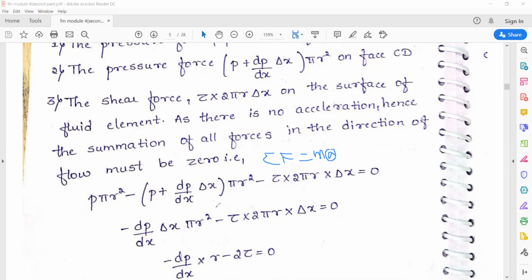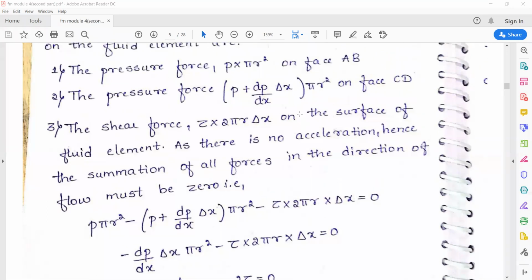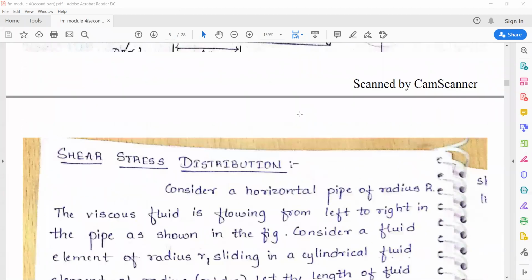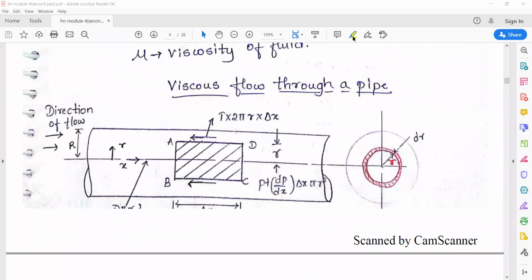So what are the forces acting here? One is the pressure force acting at one end of the fluid element, that is P into pi r square.